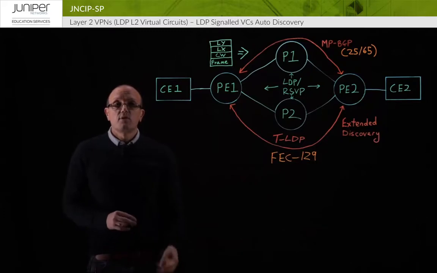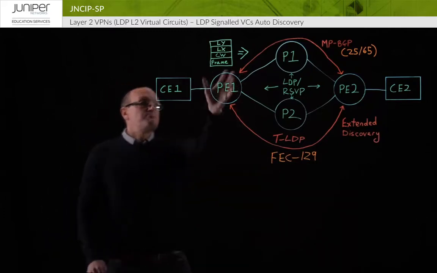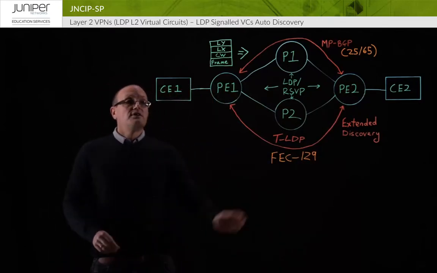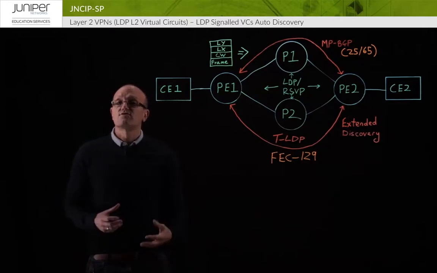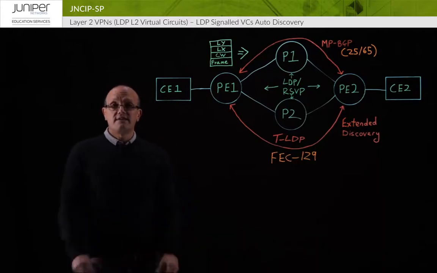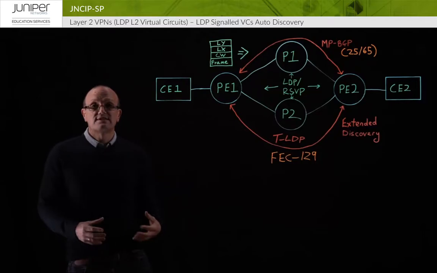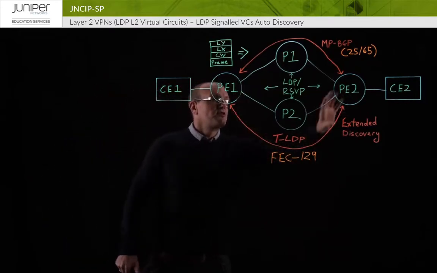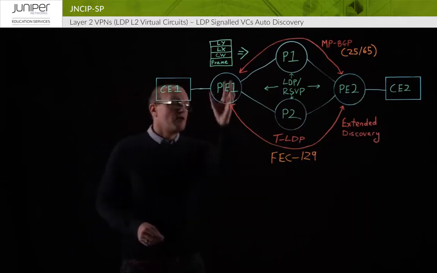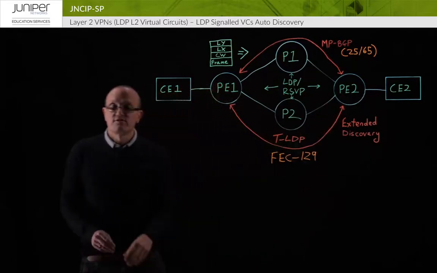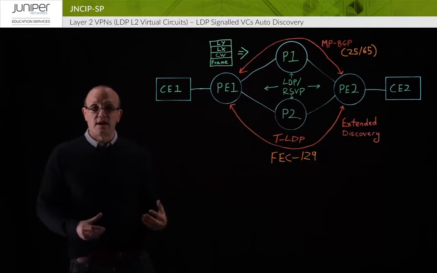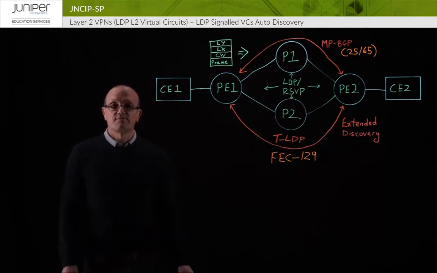And in it, we're advertising the PE addresses of PE devices that are connected to customer sites that we want to establish virtual circuits between. This advertisement of participating PEs then allows us to establish targeted LDP sessions to the necessary PEs. And then we can advertise the virtual circuit signaling over the top of those targeted LDP sessions as we would normally without the use of auto-discovery. It's just that it reduces the amount of initial configuration required to do that.